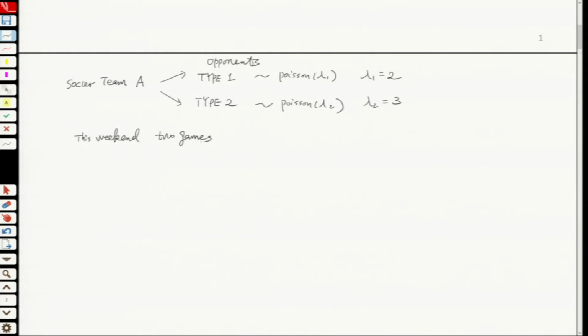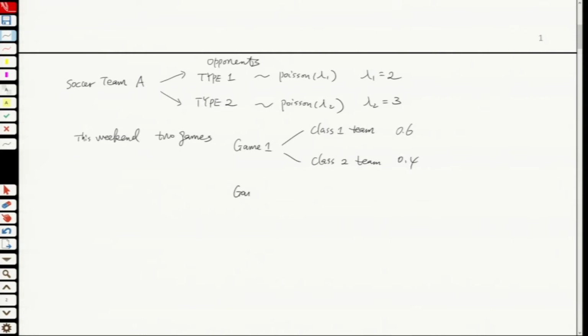Okay. Now we have game 1. Game 1, what is the probability that we are going to play with a class 1 team? Probability is 0.6. And what is the probability that we then play with a class 2 team? 0.4, right?